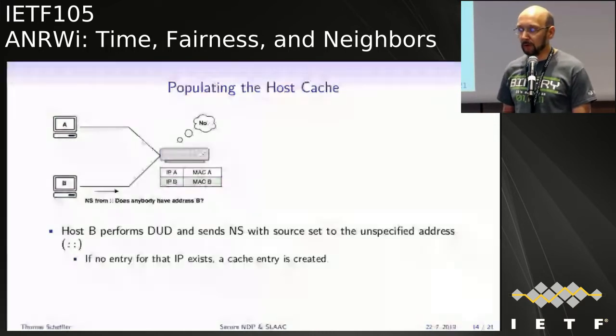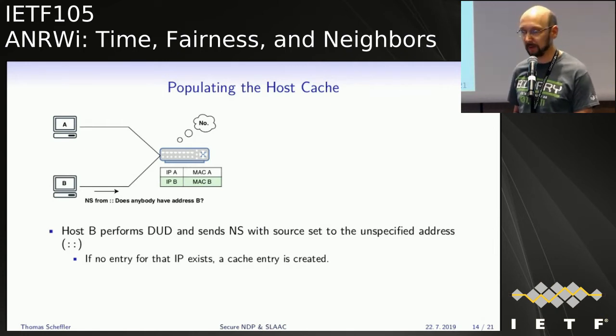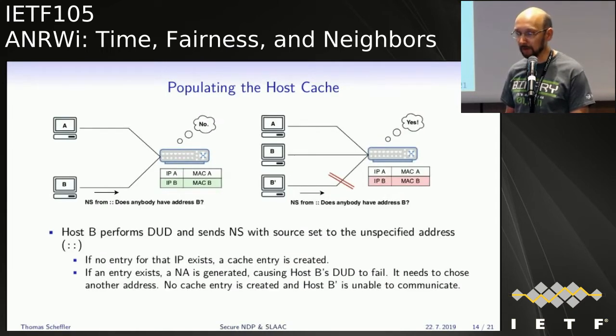So how do we learn the hosts on the network? As I said, we use the duplicate address detection messages. Whenever we see somebody using an unspecified source address, we take this as a hint that this might be a new host on the network. And whenever we see a second one, then we block this.